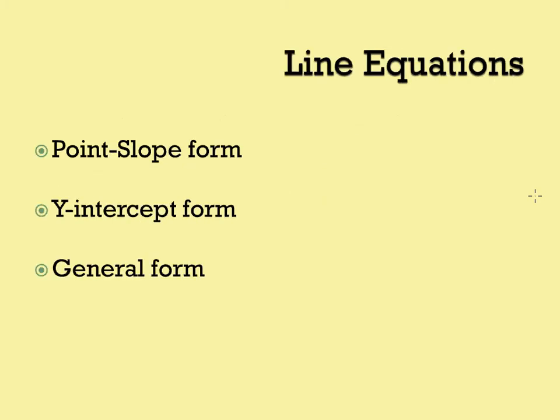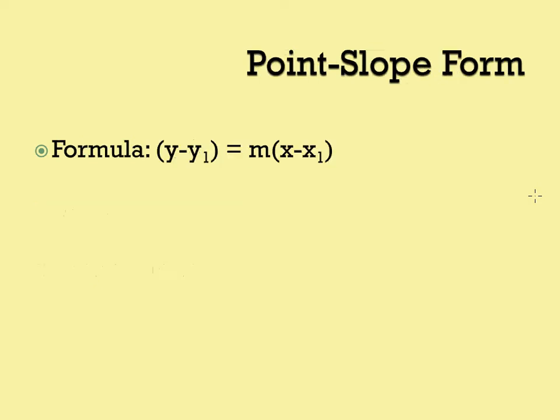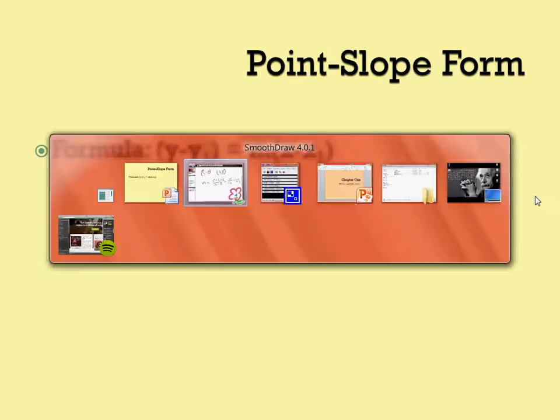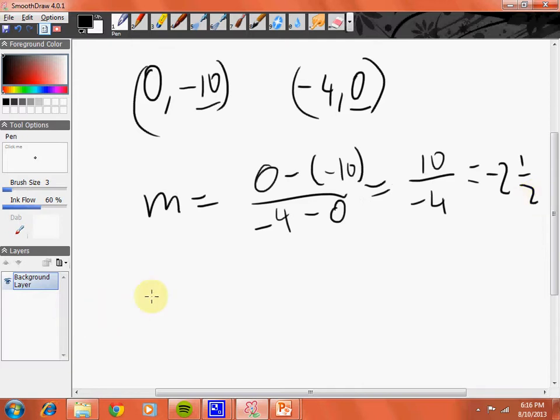We have 3 forms. We have a point slope form, a slope intercept form, and a general form. So the point slope form, I will not really use it, the point slope form has been derived from the slope equation. If you remember, slope equals y2 minus y1 over x2 minus x1.